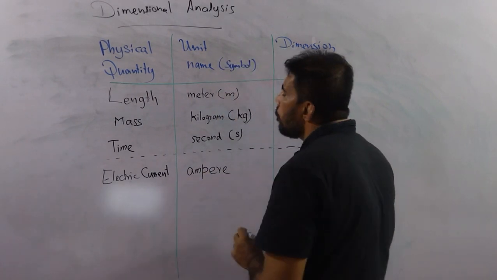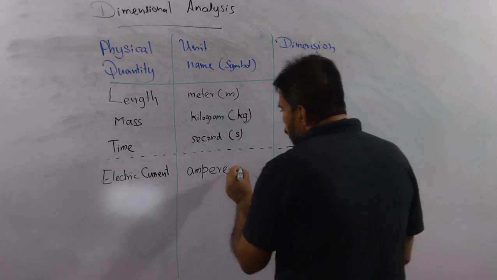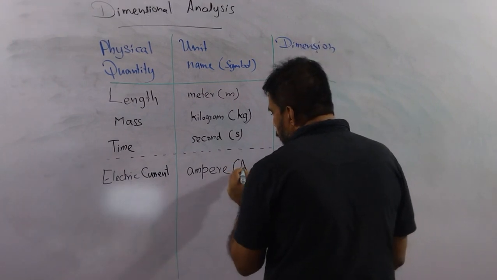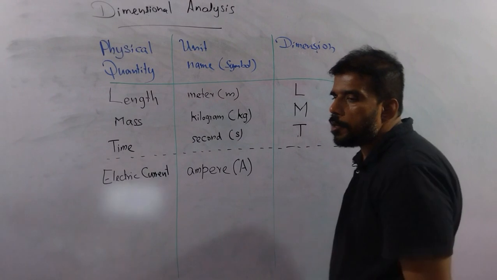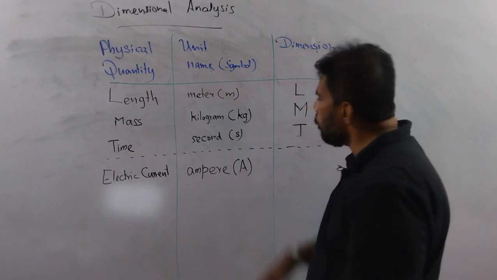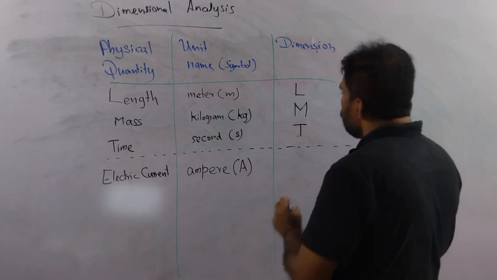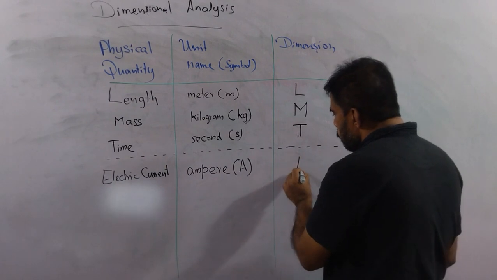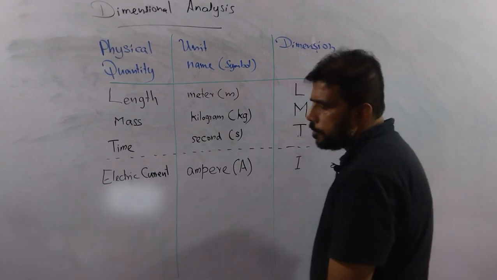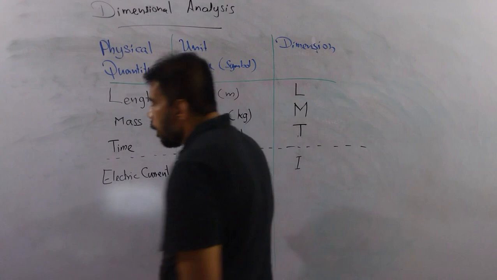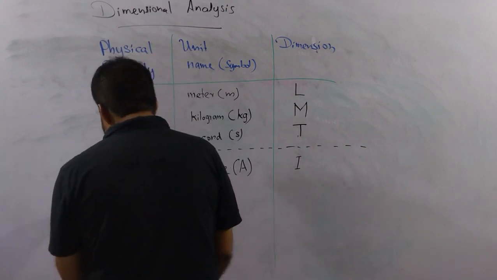The unit name is ampere, but here ampere is a scientist's name, because of that the symbol is capital A, and the dimension for current is capital I. Then thermodynamic temperature.